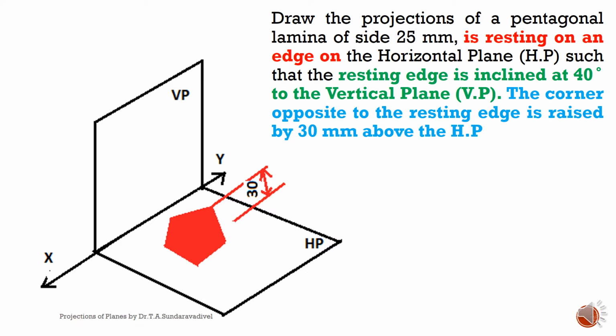Okay, we will go back to this condition. This is the resting edge and this one is the corner opposite to the resting edge. When the corner opposite to the resting edge is raised by 30 mm, what will happen to this surface inclination?